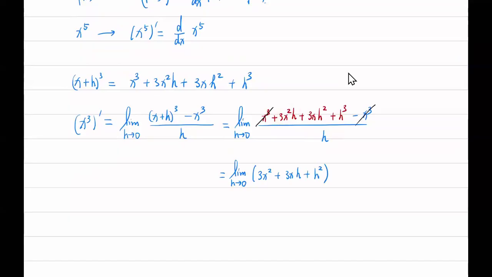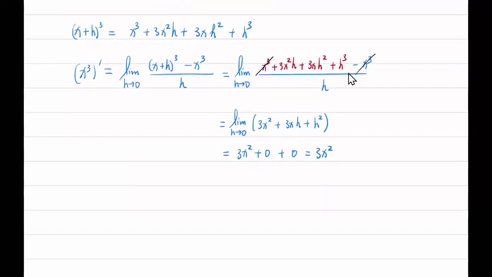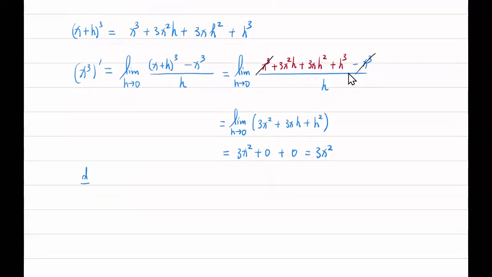Elisa, what do you say about this limit? It's 3x squared. What happened to the last two terms? They're 0. Okay, nice. 3x squared, 0, 0, 3x squared. Okay, so from this one, we conclude the derivative of x cubed is 3x squared.